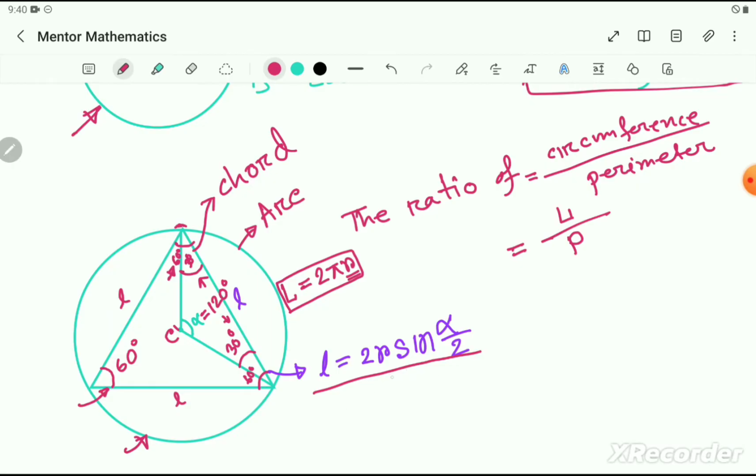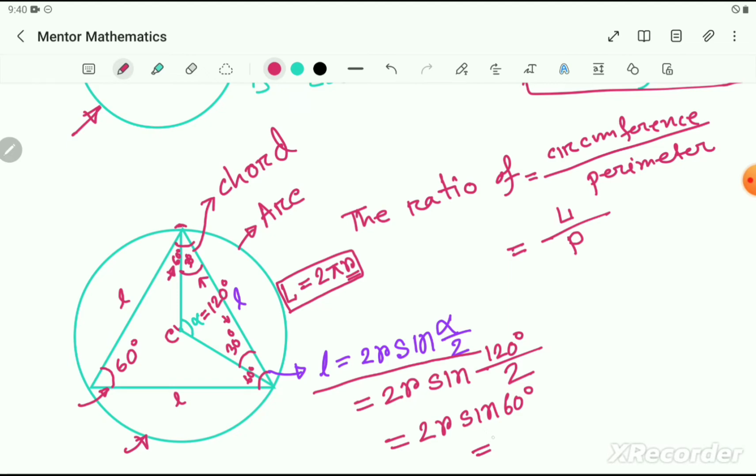So just memorize it. For the side length, it is 2r sine alpha by 2. The value of r we do not know, we just call it radius in this case, but it is not given and we don't need to know that. So alpha here we found 120 degrees, divided by 2, so 2r and sine 60 degrees.